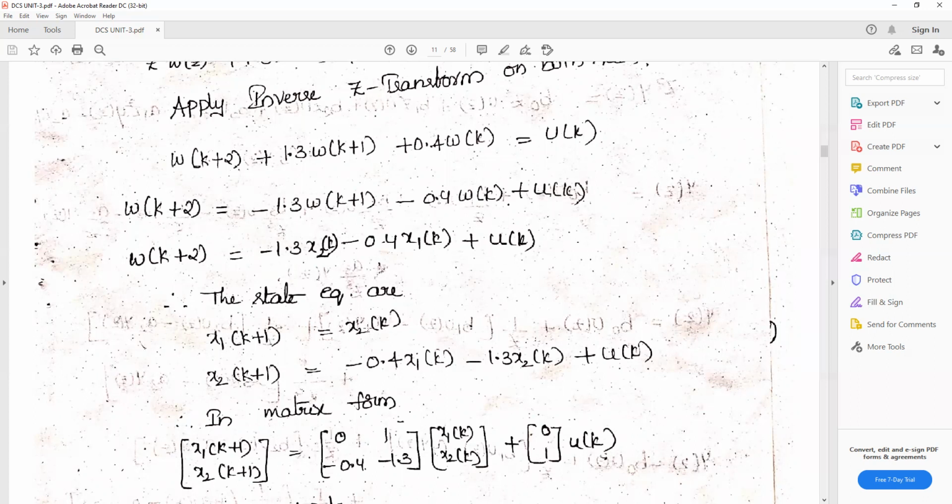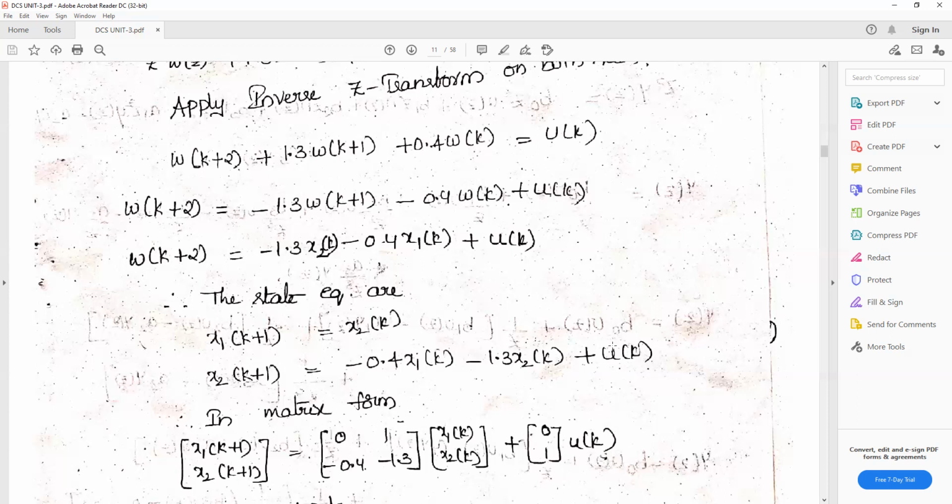We have already seen that in the state variables, x2 is equal to x1 of k plus 1. In matrix form, x2 of k plus 1 is minus 0.4 x1 minus 1.3 x2 plus 1 into u of k.